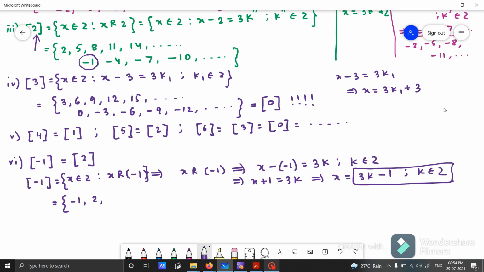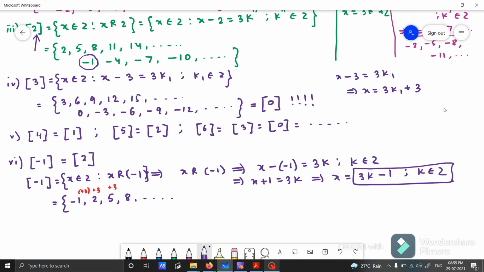Then suppose k is 2, 6 minus 1, 5. Now suppose k is 3, 9 minus 1, so that is 8. So this way it is going on. So you can see the pattern, minus 1 plus 3, 2. So you just keep adding 3 to an element to get to the next element. So minus 1 plus 3 will give you 2, 2 plus 3 will give you 5, 5 plus 3 will give you 8, and so on.